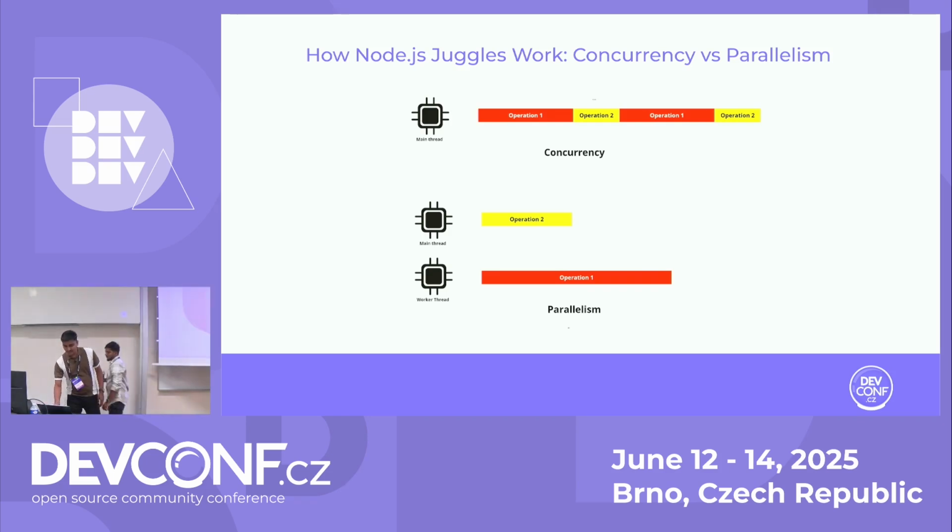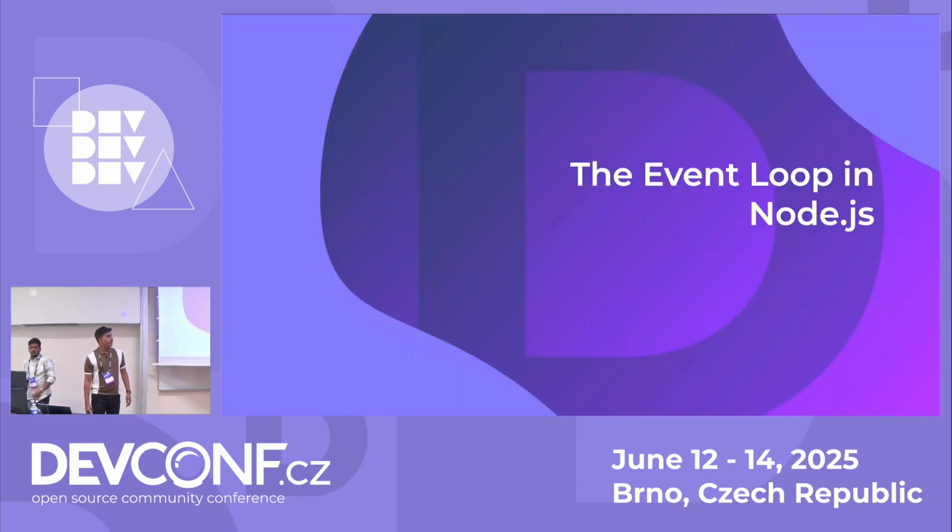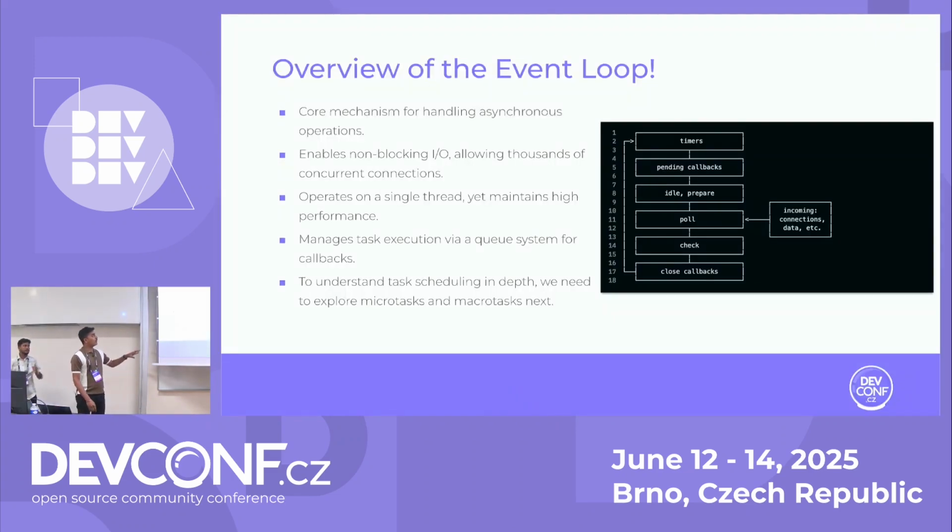Yeah. Hi guys. So let's take a look at the event loop. This is the overview of the event loop and how it works. It is a core mechanism in Node.js, or JavaScript, which runs the asynchronous as well as the synchronous operations. It enables non-blocking input-output operations like network calls, data fetching, and many other operations simultaneously without blocking any operation.